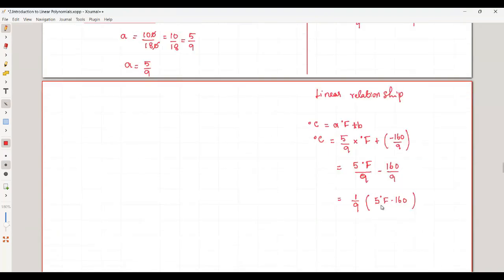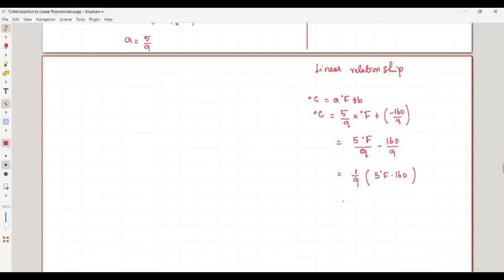Again, can we take anything outside? Yes. Here 5 is common for both, correct? 160 can also be written as 5 into 32. So I am taking 5 outside. So it will become 5 by 9, that is degree Fahrenheit minus 160 written as 5 into 32.